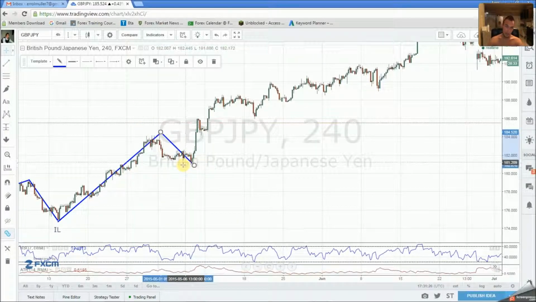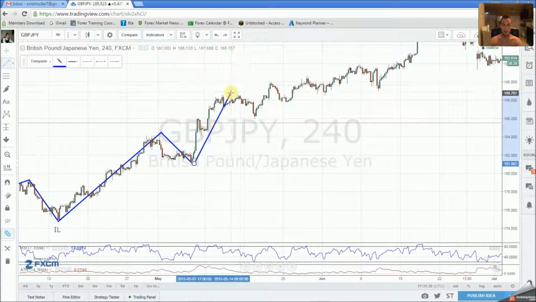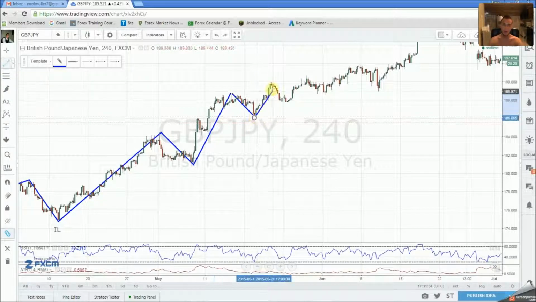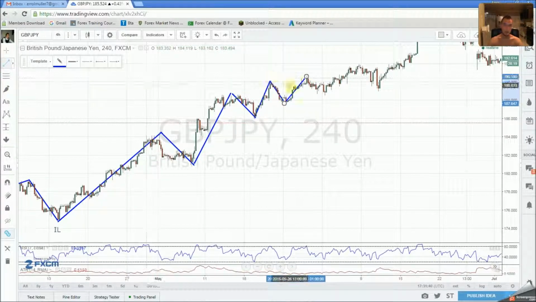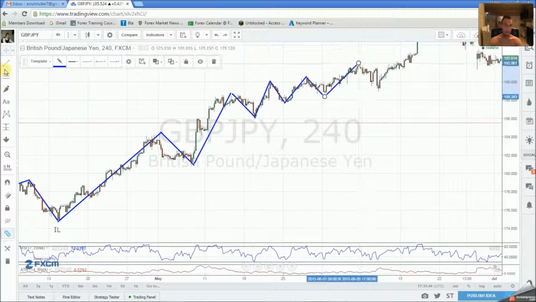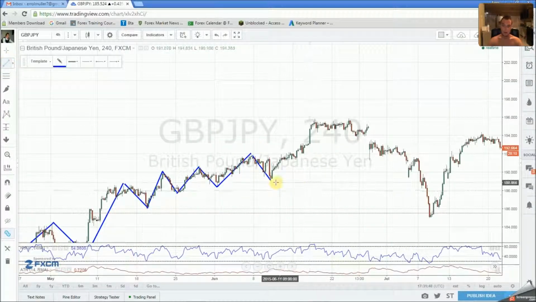Why? Because this low is higher than this low here, and we managed to move up. If I had to draw it in like this, breaking it down into smaller sections for you guys, it looks something like this, all the way back, and then you can do this all day long.